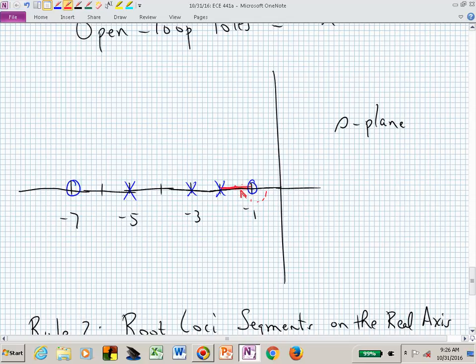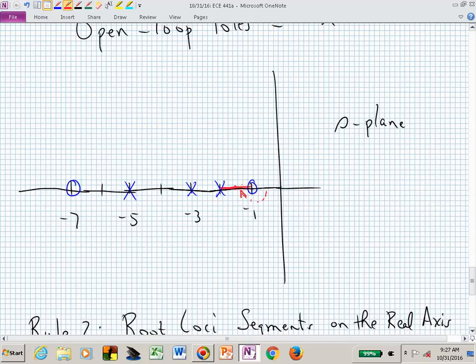I don't have to move. What about the angle from -3 to any point there that I've sketched as red? 0. Any of those poles and zeros to the left of that segment are contributing 0 degrees. So the sum of all of those angles is 0, except for that angle contributed by the 0 at -1, which is -180.